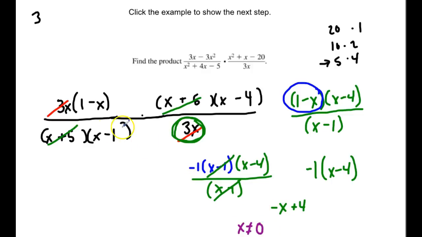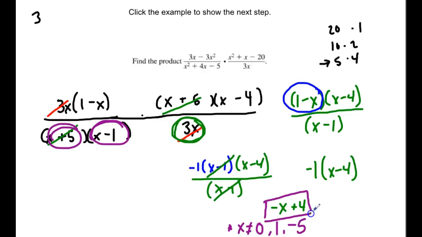I also see over here, if my x was 1, my denominator would be 0. And here, if x was -5, my denominator would be 0 as well. So these are all of my exclusions, even though my solution did not have a denominator. I still have to include these exclusions, okay? So my final answer is -x plus 4, but x cannot equal 0, 1, or -5.